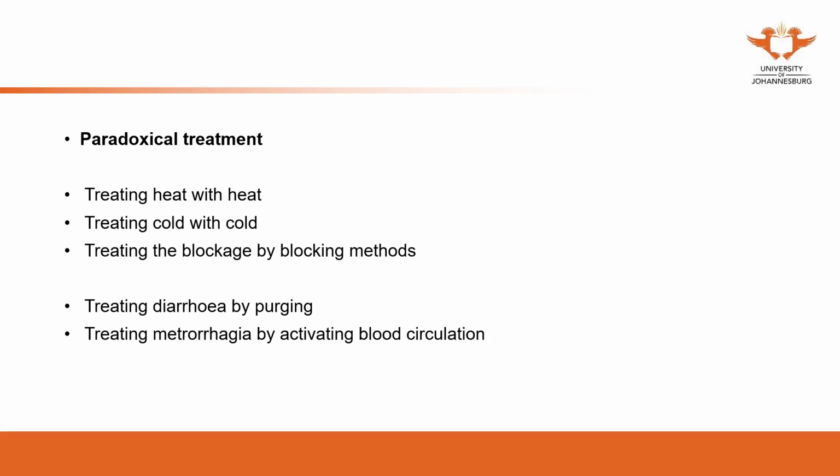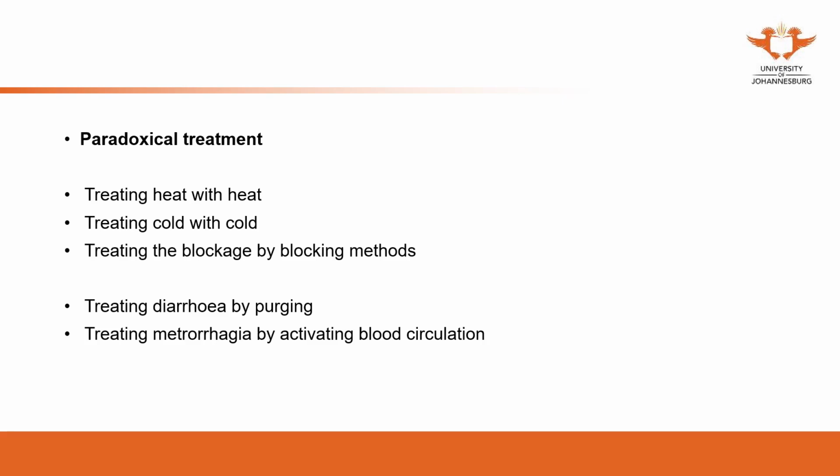The last example we're going to discuss is the treatment for menstruation bleeding by activating blood circulation. For instance, if someone suffers from excess bleeding in a period, such as a period that lasts 2 weeks, even 3 weeks without stopping, we can use some treatments to stop bleeding, but in some situations we also activate the blood circulation.